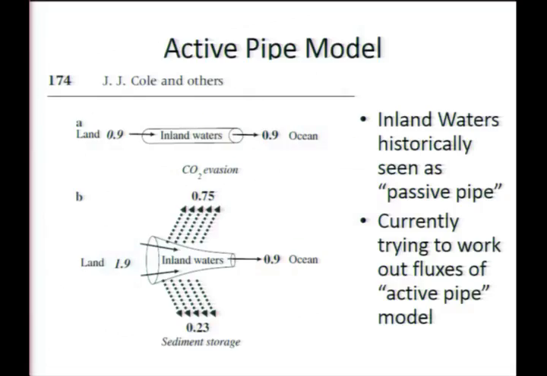And so John Cole put this together very simply but eloquently, where perhaps before the way we were thinking about inland waters was as a passive pipe, and we're moving to thinking about them as much more active pipes. Where if there is a large amount of sediment storage and a large amount of CO2 evasion, one ramification of this is that a much larger amount of carbon must be leaving land to subsidize those fluxes.